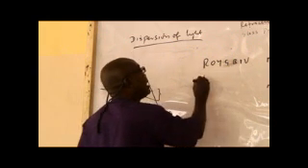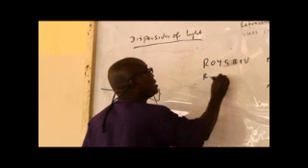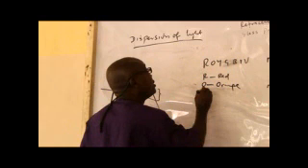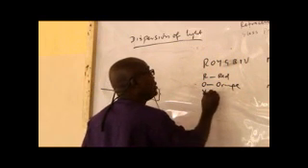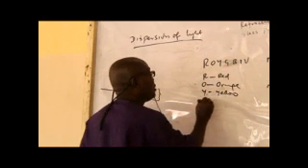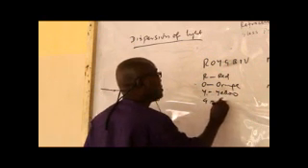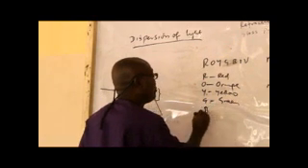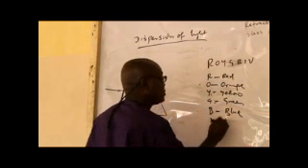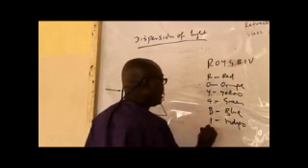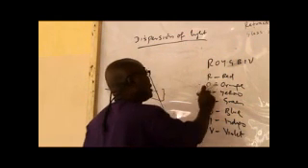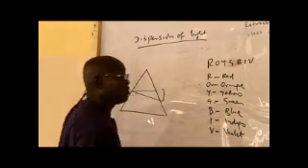So here is red, R stands for red, O stands for orange, Y stands for yellow, G stands for green, B stands for blue, I stands for indigo, and V stands for violet. 1, 2, 3, 4, 5, 6, 7. 7 colors of white light.